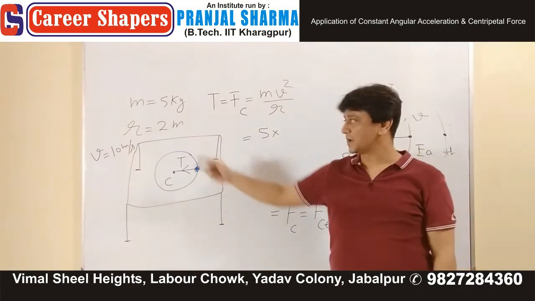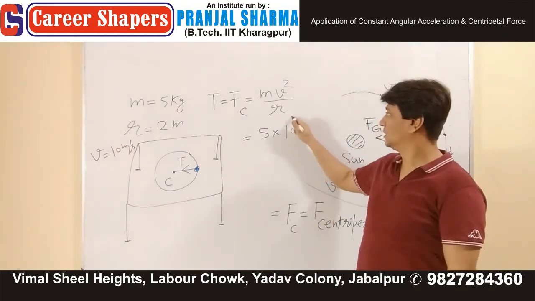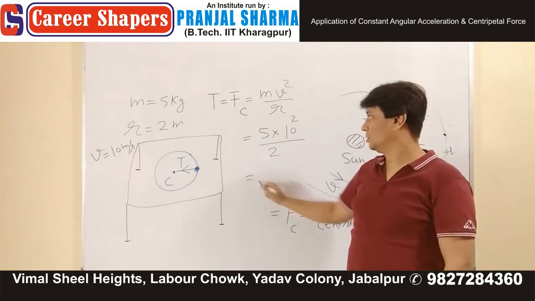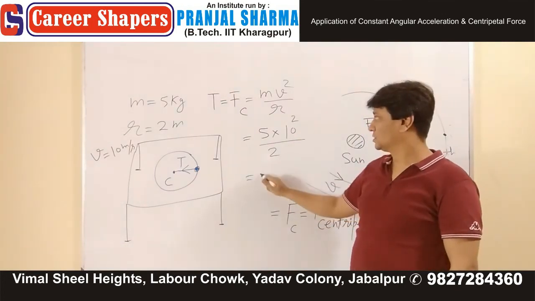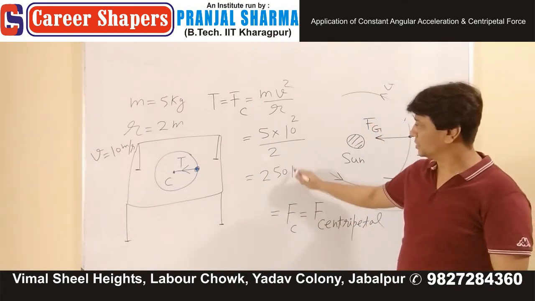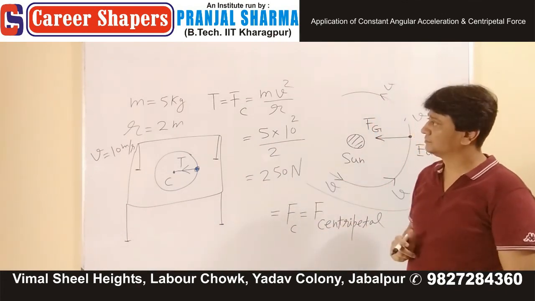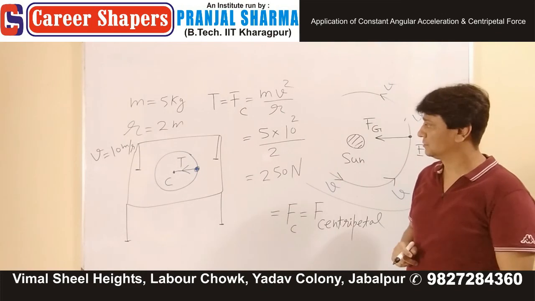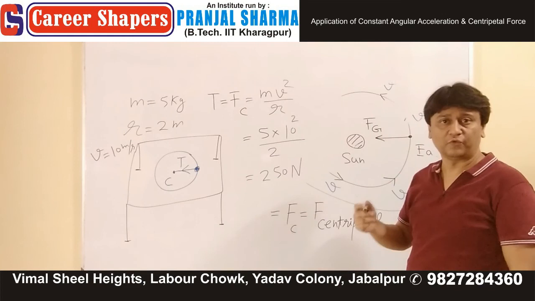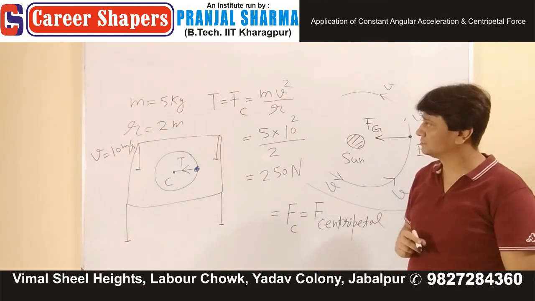V I just gave you, 10, squared, divided by R, 2. This is coming 250 newtons. 250 newtons.